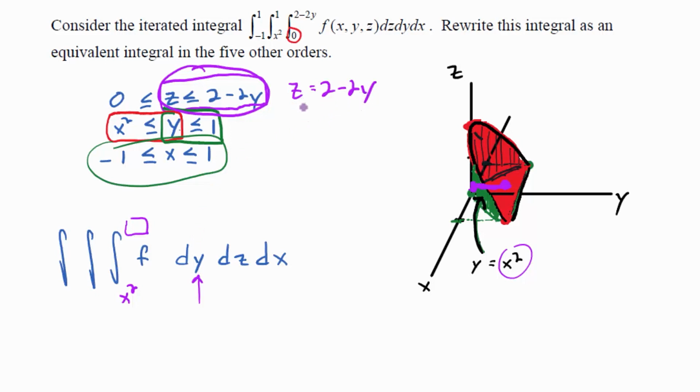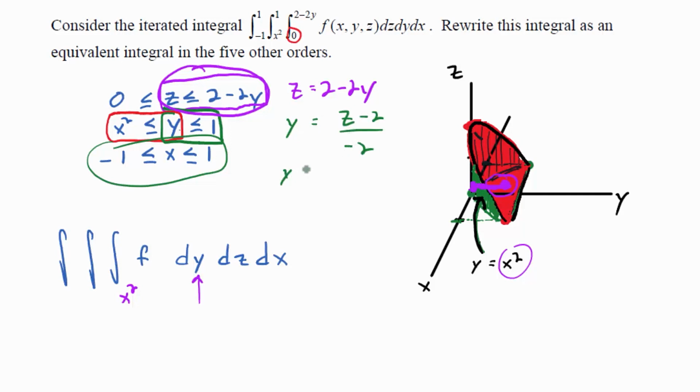Also, it makes sense that way because that's giving you, if you turn your head, the height of the ceiling, right? It's y in terms of z. So it should be a y value. It's just we're writing it in terms of z. So what would we get if we solve this equation for y? z minus 2 over negative 2, right?